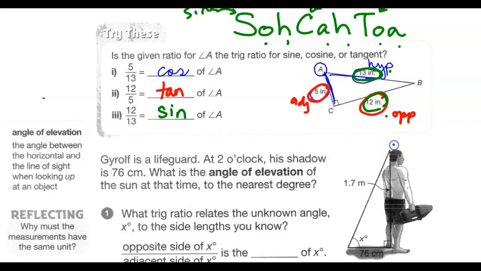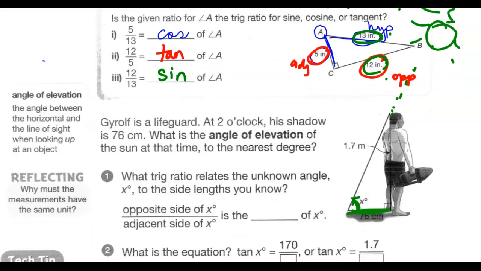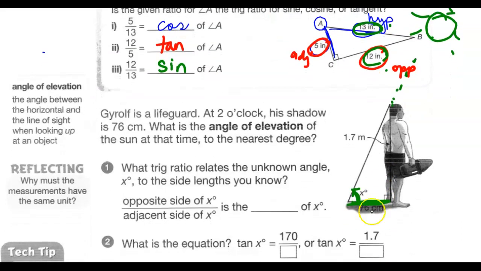So remember your shadow, basically here's the sun up here, and it's shining down on this person and causing the shadow on the ground. So the angle of elevation here is x. Elevation always goes from the horizontal upwards. And so that's x, and we need to calculate it. So we have to look at what we have.